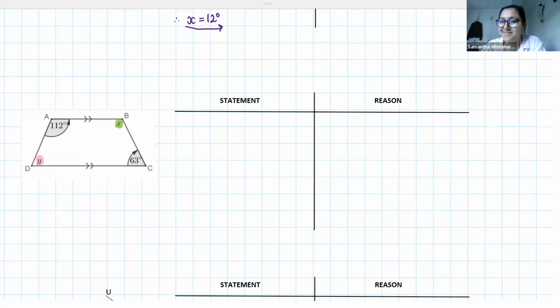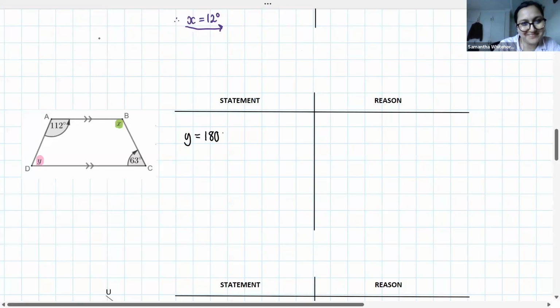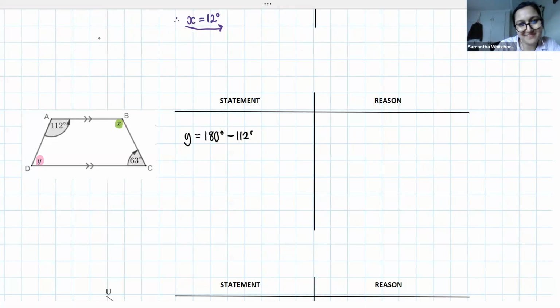Hi, ma'am. So for Y, I said 112 degrees, 180 degrees minus 112 degrees, which was 68 degrees. Good. And my reason was co-interior angles.